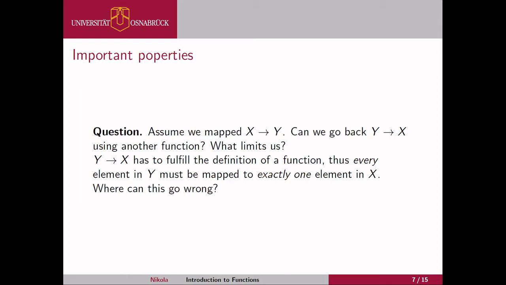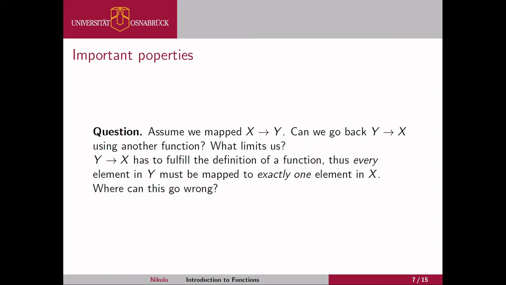Now we hit a few elements of the set y. The question is, can we go back from y to x? Can we find a function that maps from y to x and, well, ends up in the same place that we came from? And if so, why? And if not, what's the limiting factor?